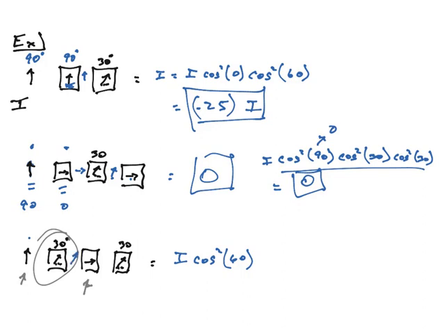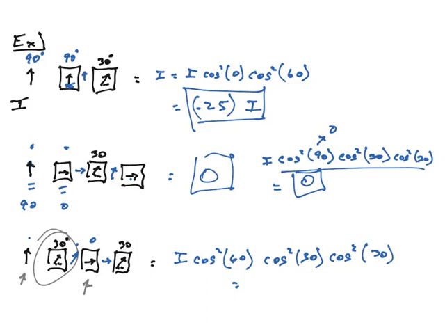I'm now through that filter and I'm polarized at 30 degrees and I need to get through the next one. From 30, I'm going to 0. 30 minus 0 is 30. I'm now horizontal. To get through the next one, I'm going from 0 to 30. It's another 30. And there we go. Now all I have to do is stick all of this in my calculator. Cosine of 60 squared times cosine of 30 squared times cosine of 30 squared.